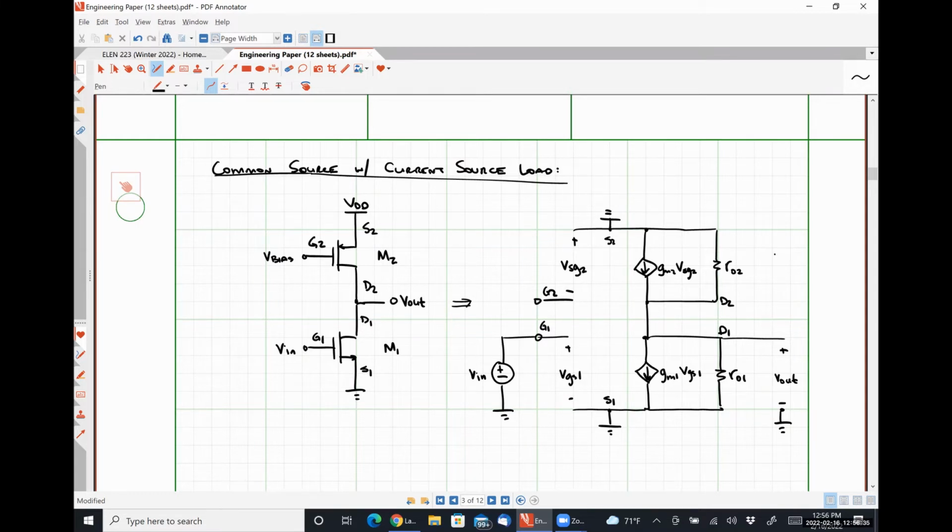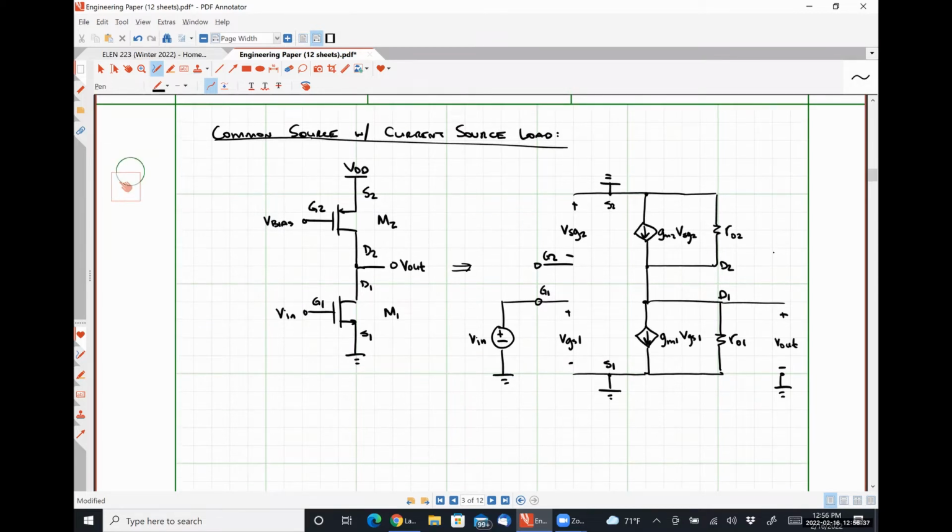So what is my input resistance? Still infinity.